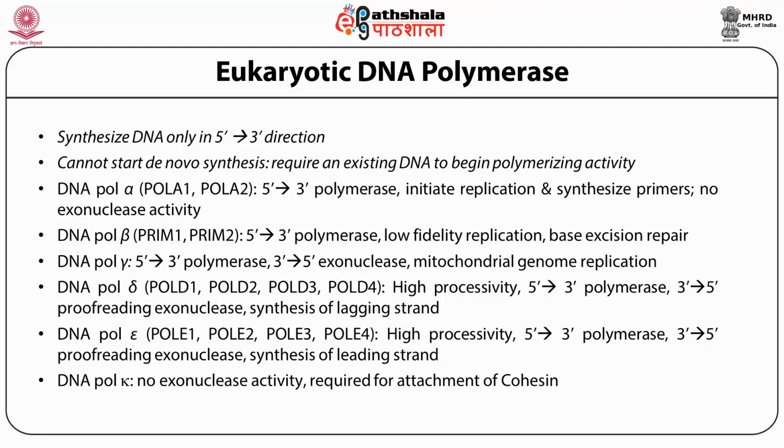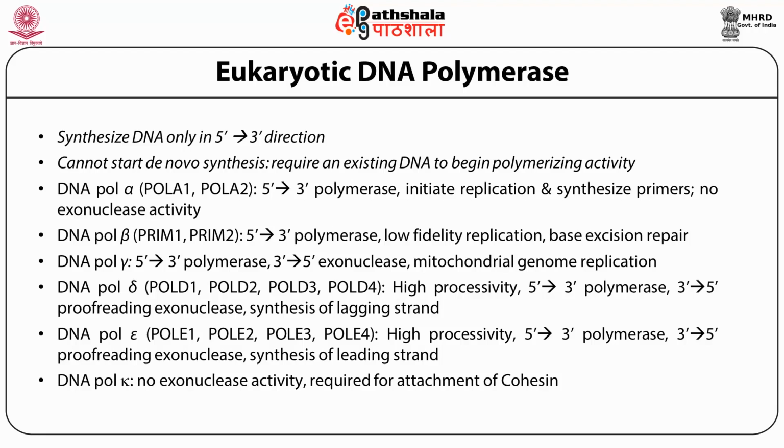In eukaryotes, at least 6 different types of DNA polymerases have been discovered. Pol alpha is dedicated for synthesis of primers, showing a 5' to 3' polymerase activity, which actually is DNA dependent RNA polymerase activity. It does not have any exonuclease activity, however.